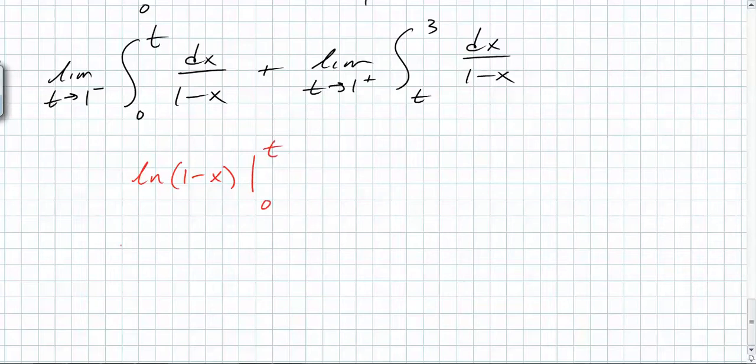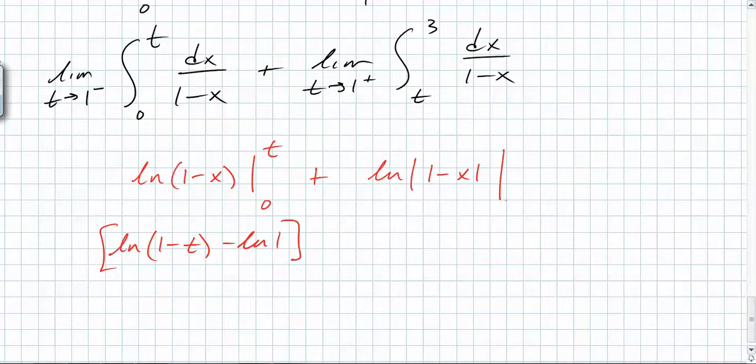So you end up with ln of 1 minus t minus ln of 1, which is nicely 0. And then what are you adding to this? It's going to be ln of the absolute value, from t to 3. So what do you end up getting?